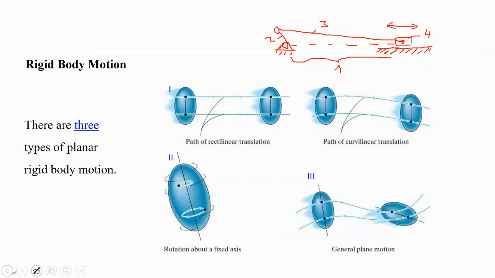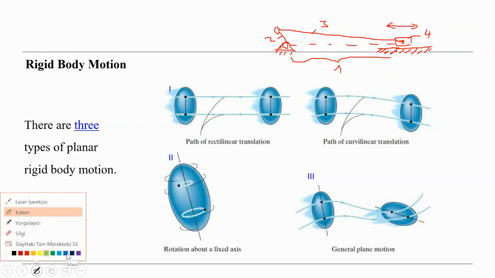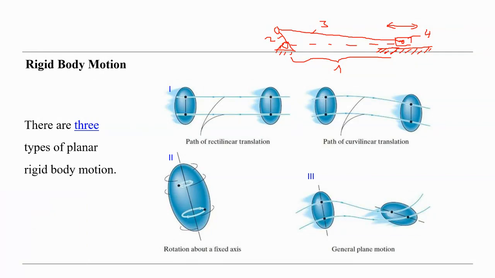So, you know from our previous discussions that link 2 undergoes a circular motion, pure rotation, like this.